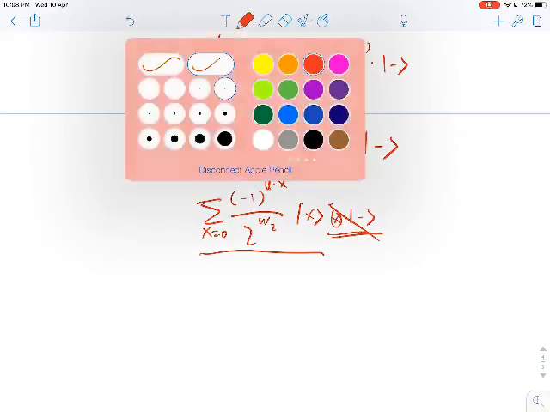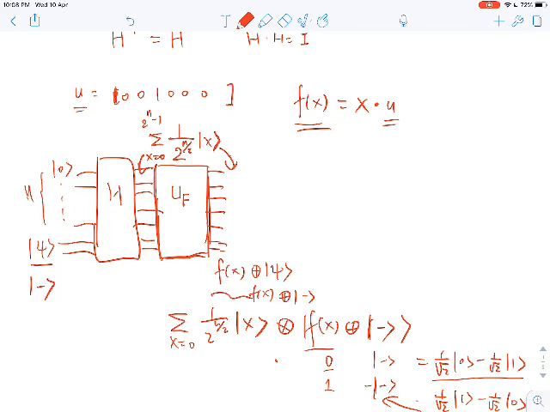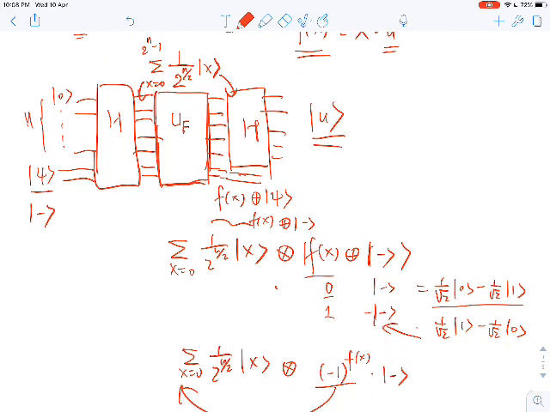Then we complete the quantum circuit with Hadamard H, and we directly get u. Sorry, there is no Hadamard transform over the storage qubit here.